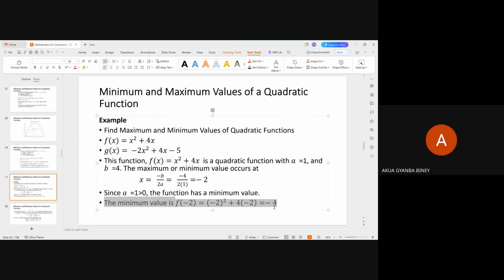Why? Because it's less than 0. Which one is less than 0?